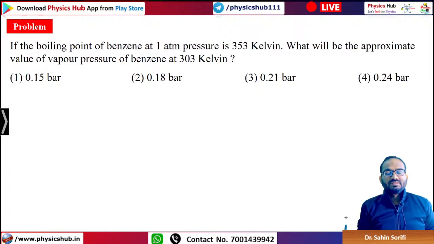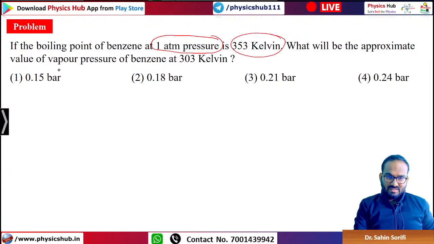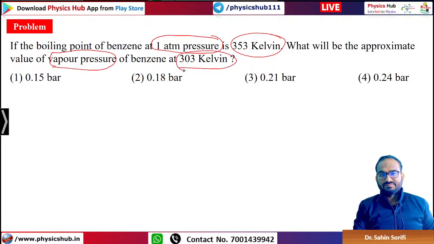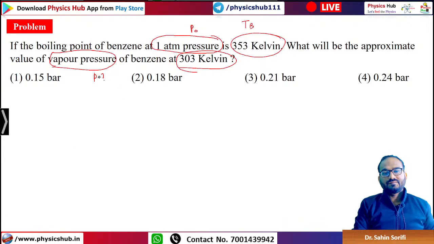So we can directly use the formula. Pressure is given to you, 353 Kelvin is your TB, this is your P0, you have to find out P, and this is your T.